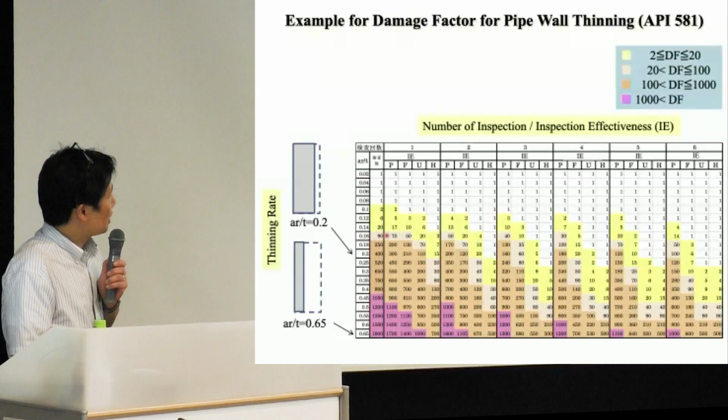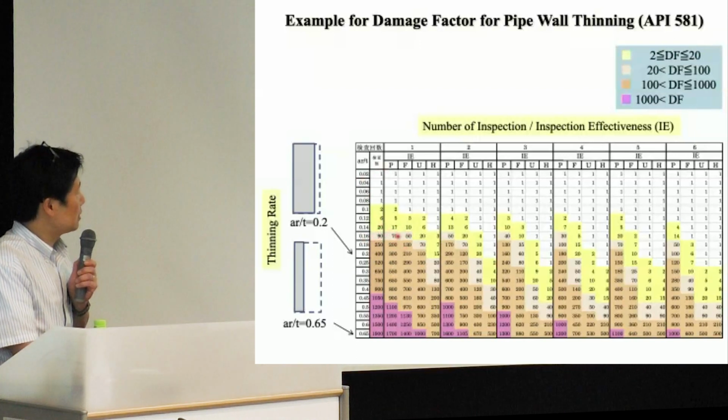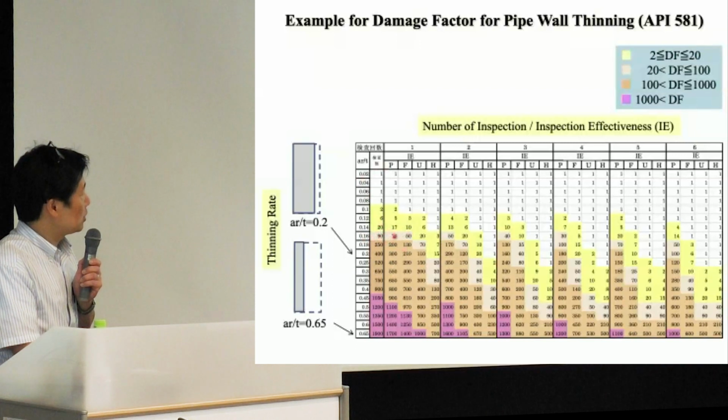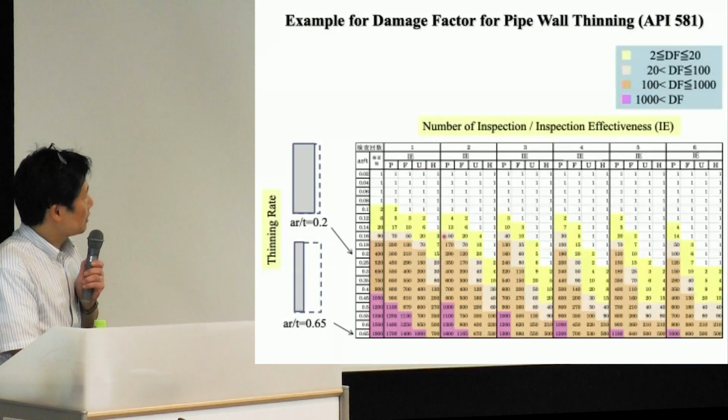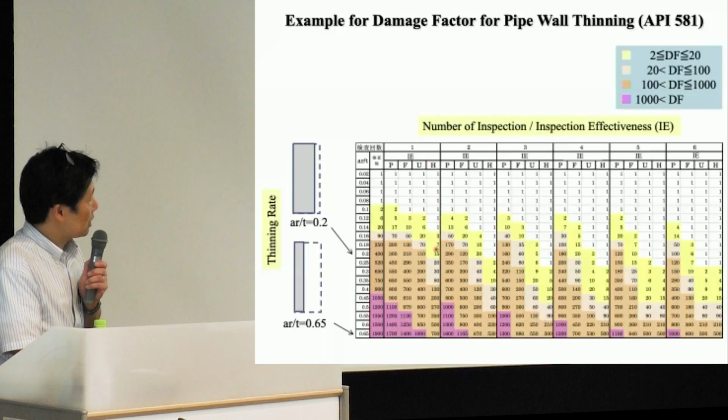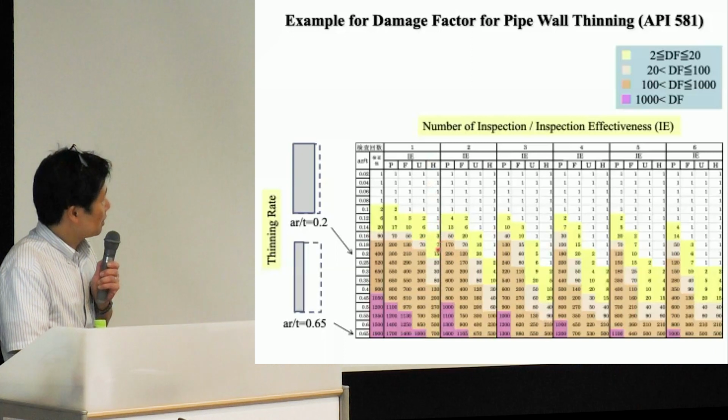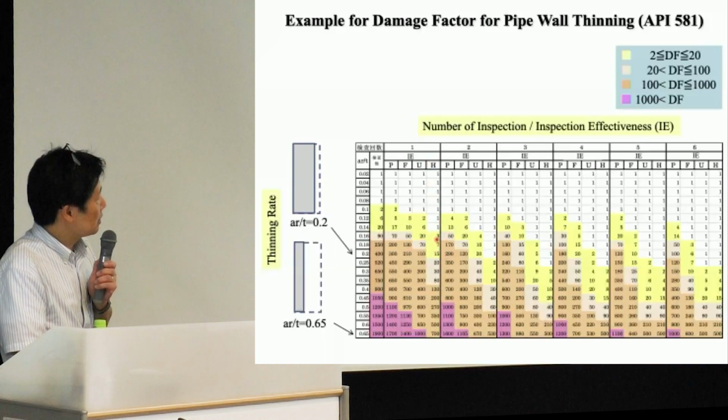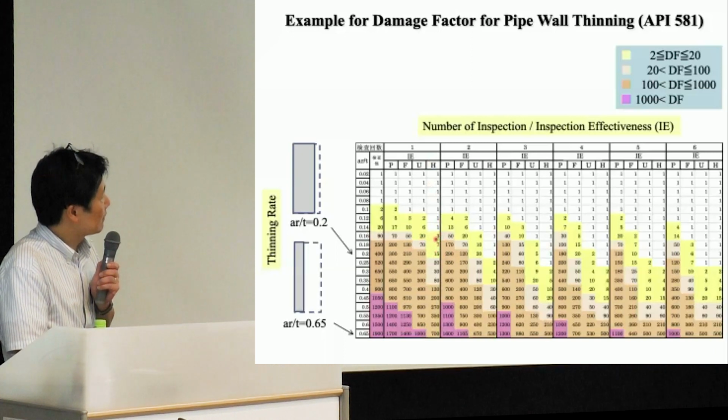But if you apply a poor inspection technique, it is improved to 70. But if you apply highly reliable inspection, it can be improved very effectively.